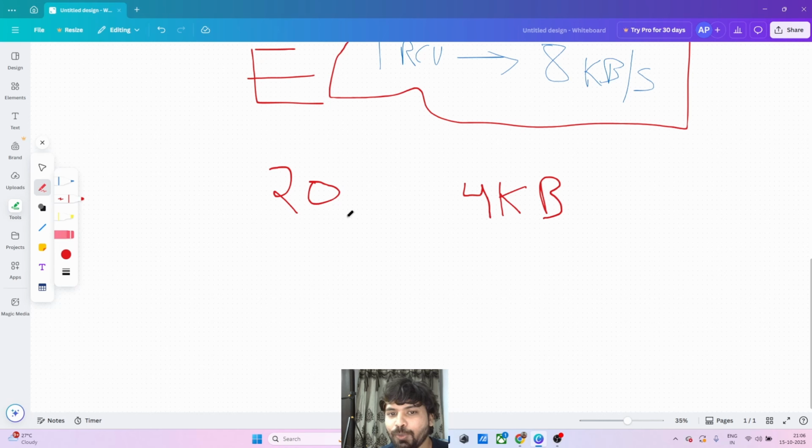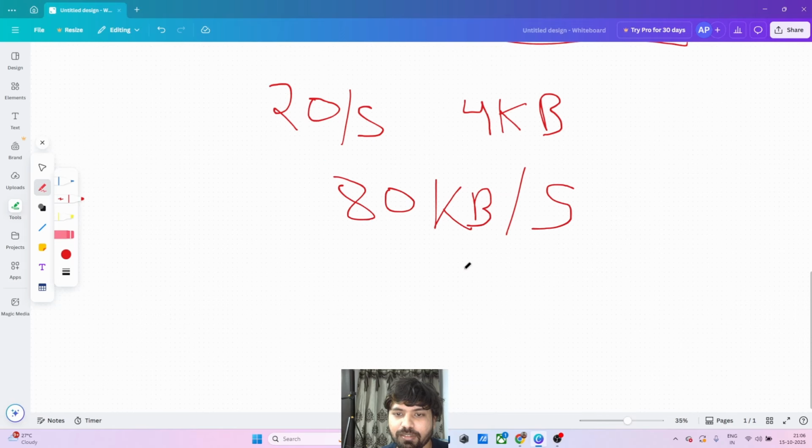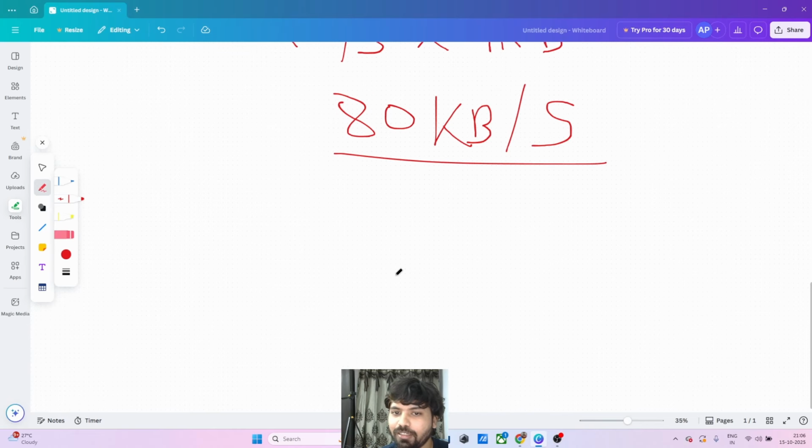How much data are you reading per second? We multiply: 20 items per second and each item is of 4 KB. So you are reading 80 KB of data per second.